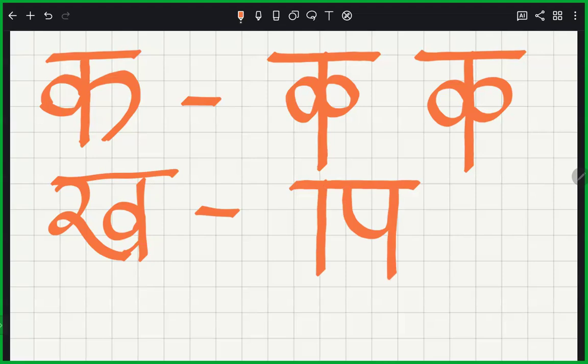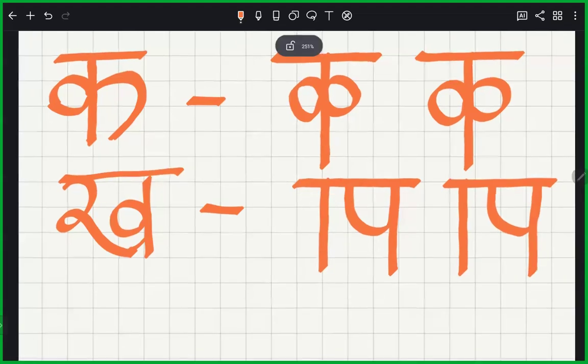This is Kha. So this is completely different from what we have in the Devanagari version. I'm drawing it again. Leave a little gap, and this is Kha.